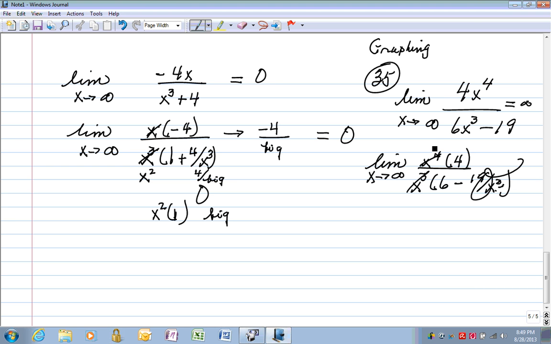X cubed and x to the fourth leave you an x. So you have the limit as x goes to infinity of 4x over 6. So this indeed is a big top. Now, 37 is cute.